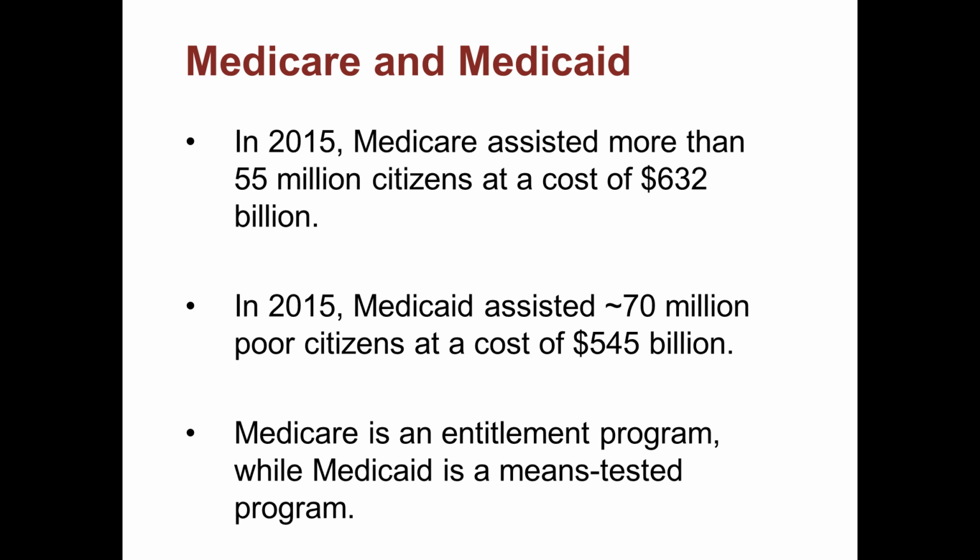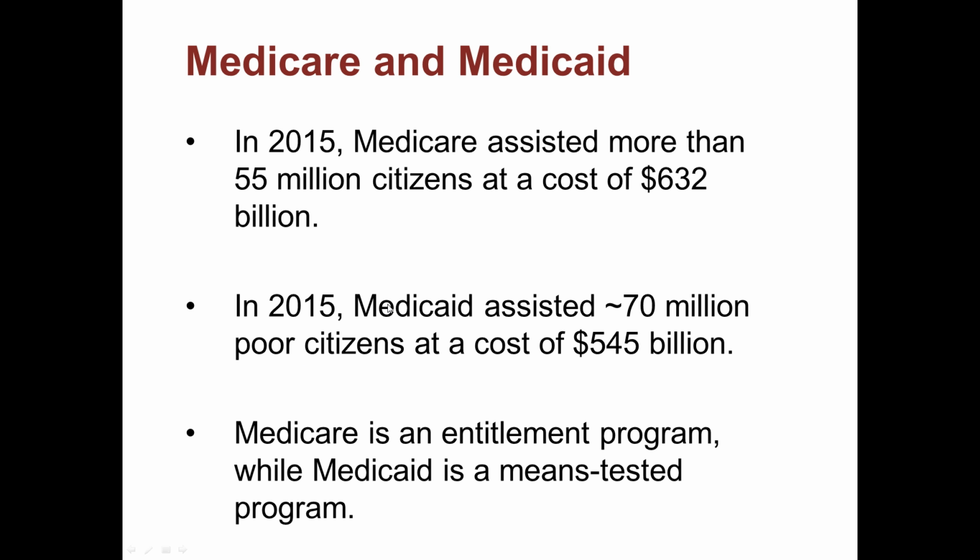To give you a sense of the really enormous scope of these programs, these are two of the biggest spending items and most popular, most used programs in the entire federal government. In 2015, Medicare covered over 55 million retirees. The cost is over $600 billion, which is roughly equivalent to the amount of money we spend on defense every year, so a really large amount.